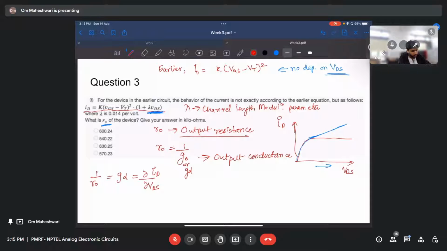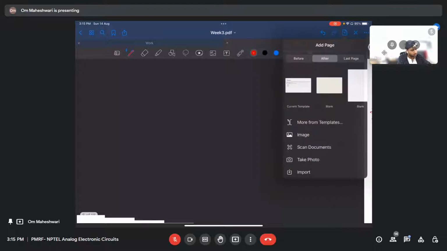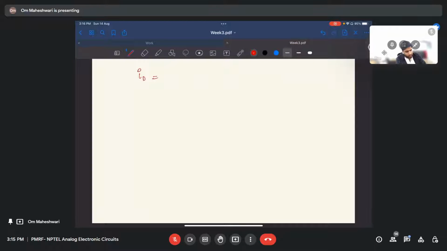So let's try to solve this. Let us use this equation to find a relation between R naught and lambda. ID equals K (VGS minus VT) whole square times (1 plus lambda VDS).